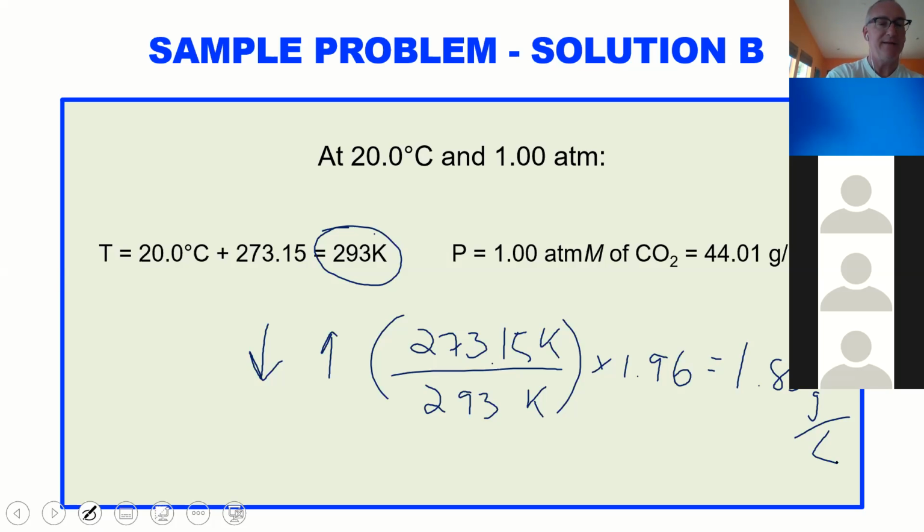And since density has volume on the bottom, it's 1 over volume, so density and temperature should be inversely related. It's a matter of figuring out, with my new temperature, pressure, and volume, which way it goes.